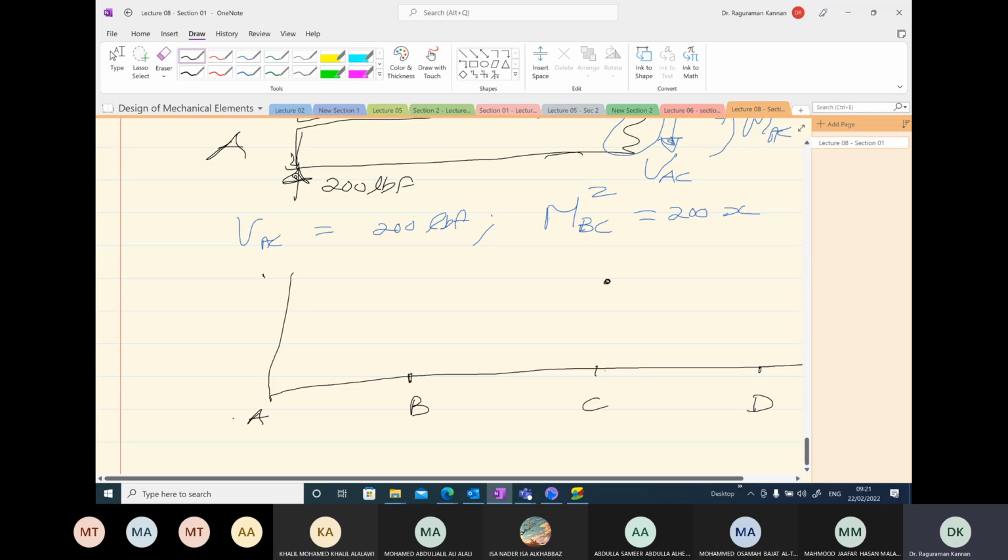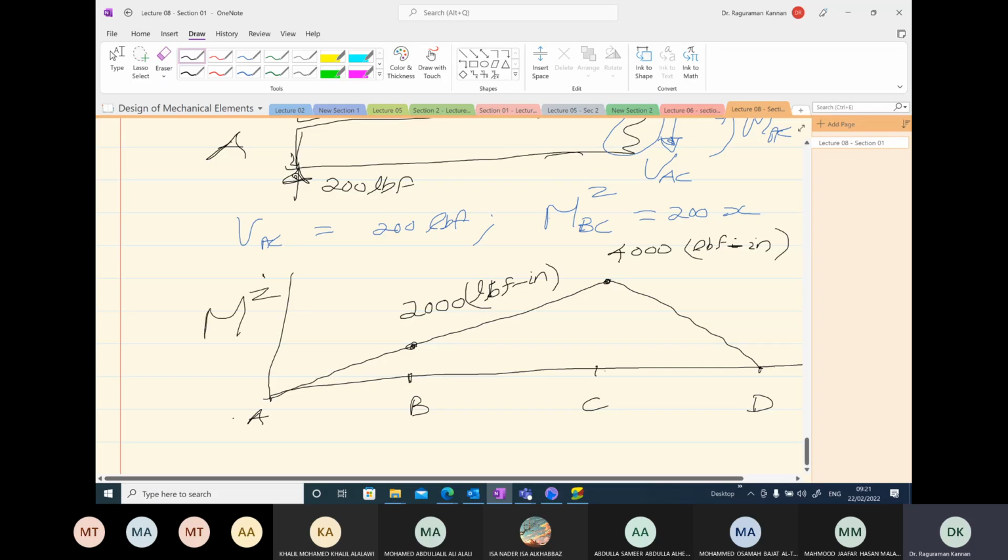The value is 4,000 and goes back to 0 at point D, simply supported. At point B, we will have 2,000 pound force inches. Okay, so now this is MZ, the moment about z-axis.